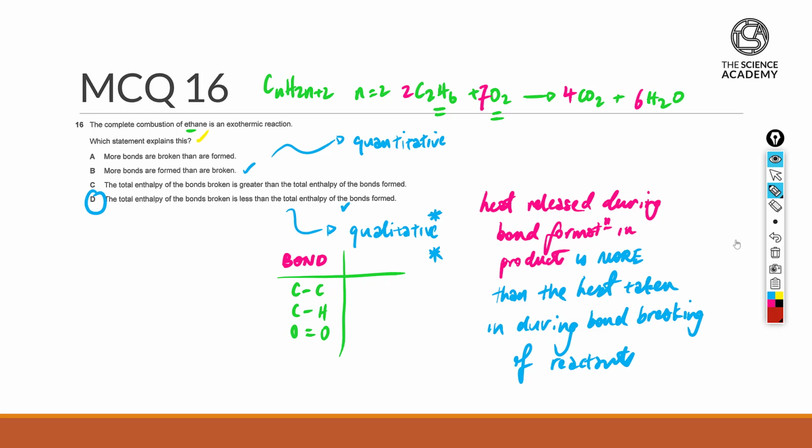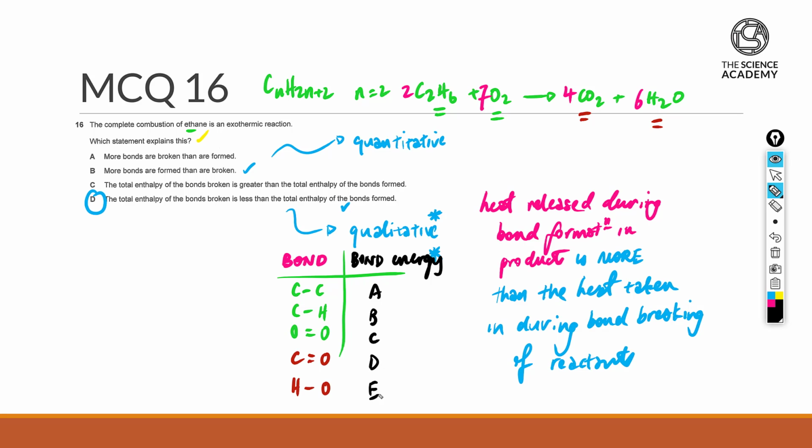But for your products of CO2 and H2O, we're looking at C=O as well as O-H. You'll very soon come to realize that the bond energy for each of them is wildly different. A, B, C, D, and E are largely different values.